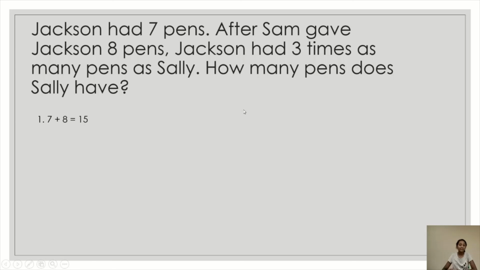Well, if Jackson has 3 times as many pens as Sally, and Jackson has 15, then what do you need to do? That means something times 3 equals 15. Right? If you switch the problem up. So what times 3 equals 15? Think about your multiplication tables.